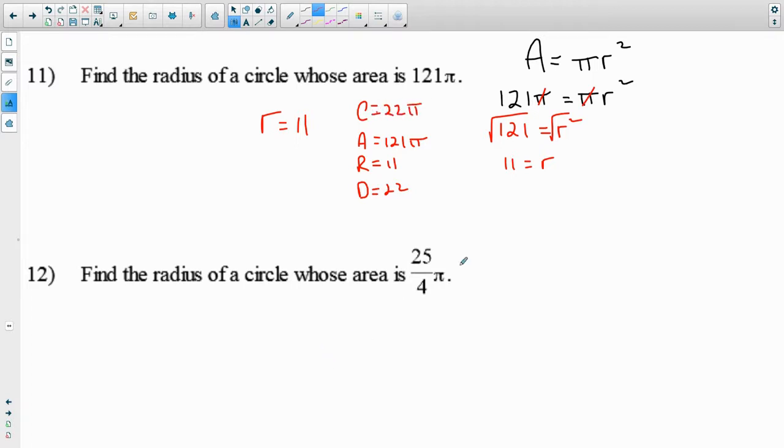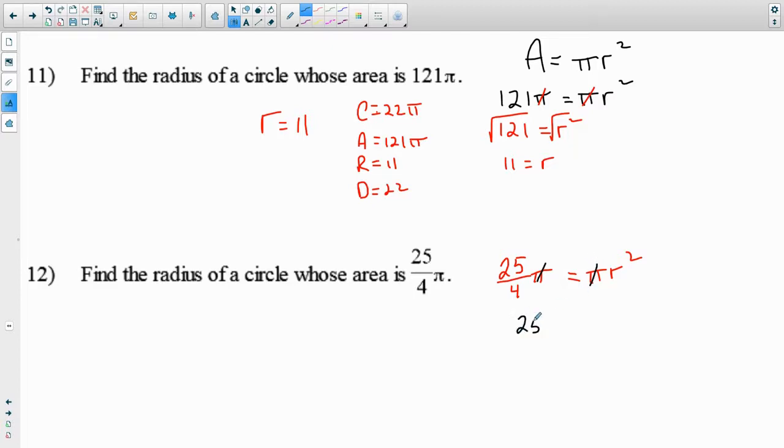And here, 25 over 4, sometimes, yes, we do have fractional radii. So I'm just going to remember that my 25 over 4 pi, being my area, is equal to my area formula, which is pi r squared. Again, my pi's are going to cancel out.